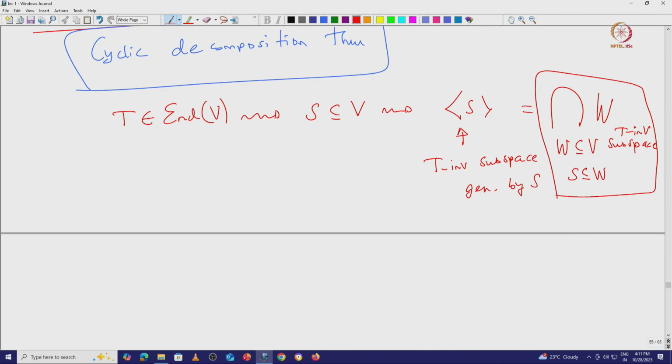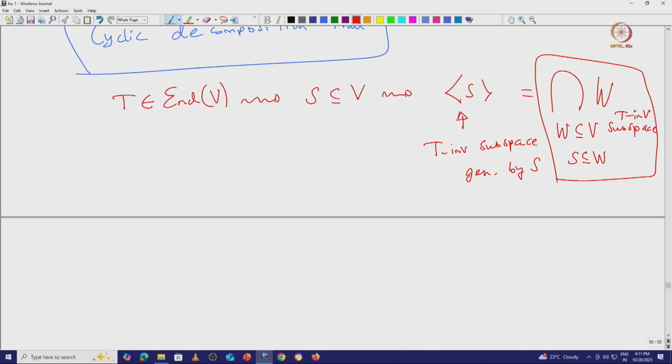So, theoretically we can always get something using some subset of V. For example, one can start with just a vector v and take the T invariant subspace generated by that vector. Let us try to understand this.